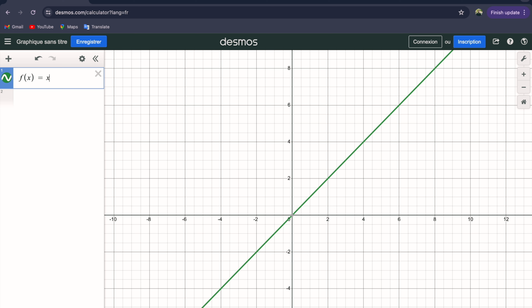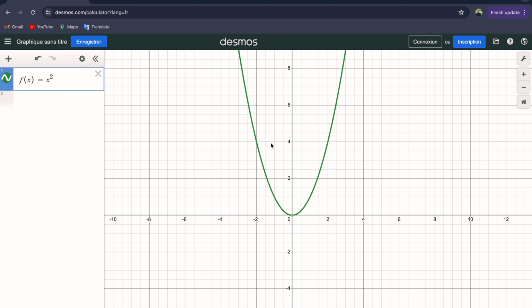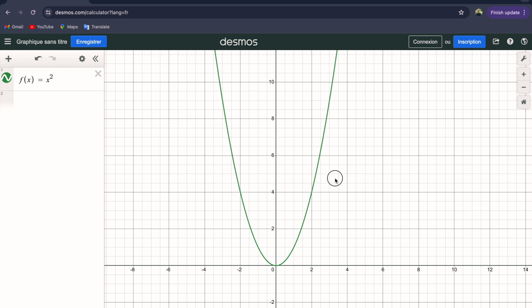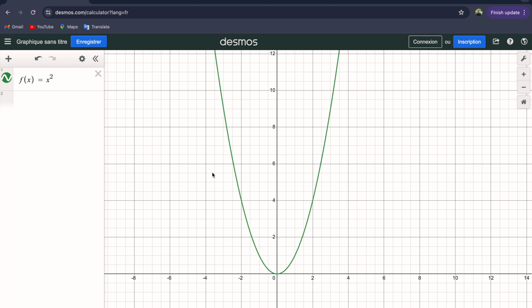So we take x squared. This is the shape of a quadratic function, okay? If we take, as we said, plus 0x plus 0, this changes nothing, you see?